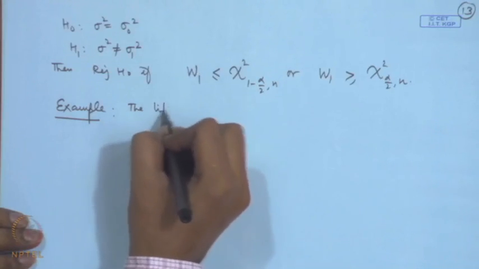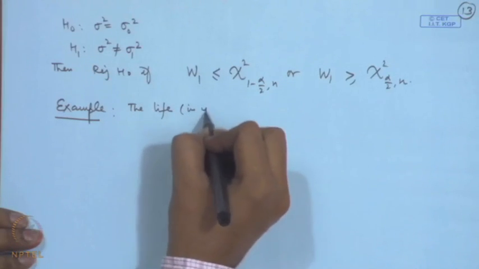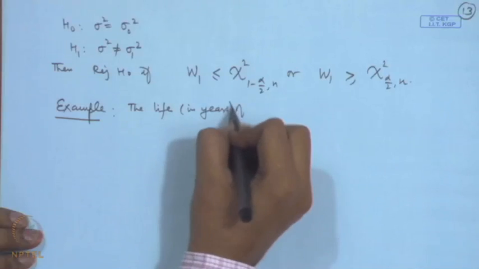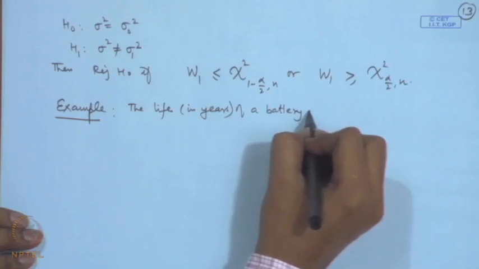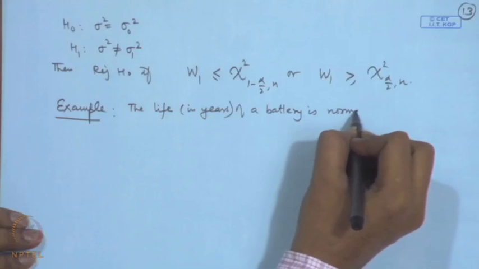The life in years of a battery is normally distributed.